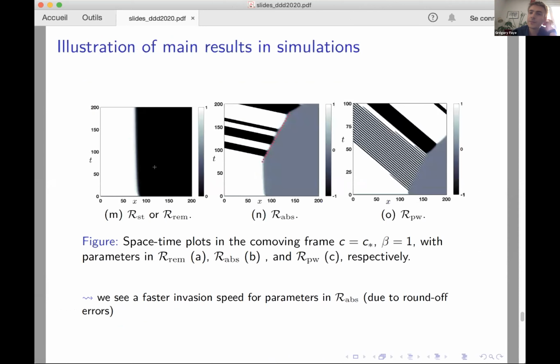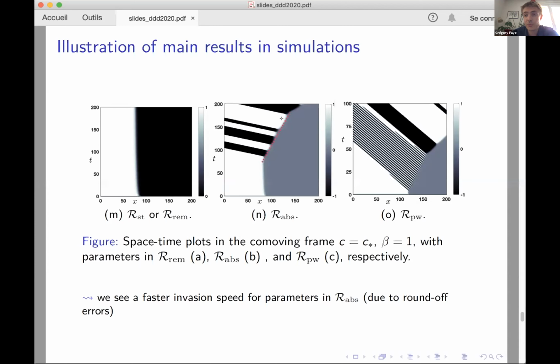In numerics, when you're either in the stable part or in the remnant part where the absolute spectrum is stable, you see the front is stable in your numerics for all time. However, when you're in the part where the absolute spectrum is unstable, your numerics are kind of defeating you, in the sense that after some transient of time, in your numerics, you see a faster invasion front.